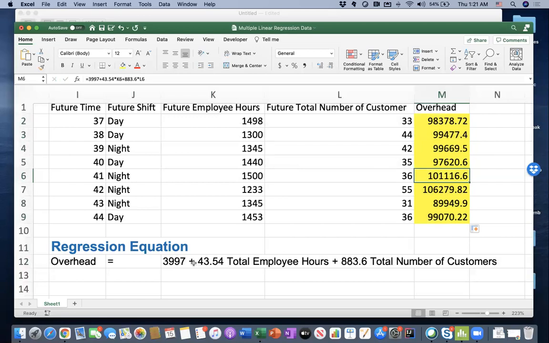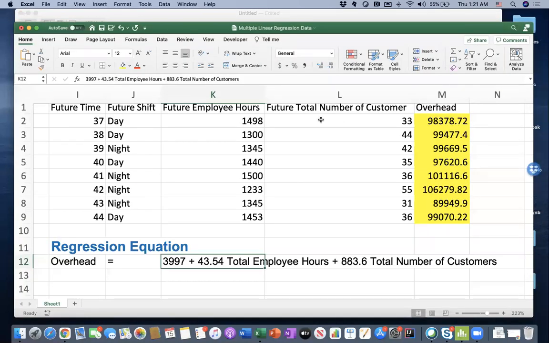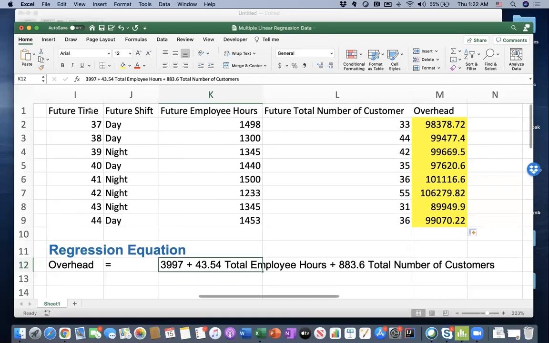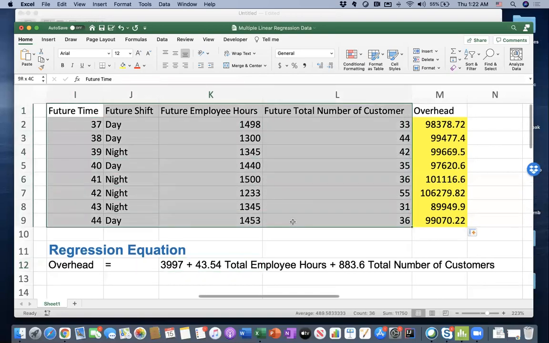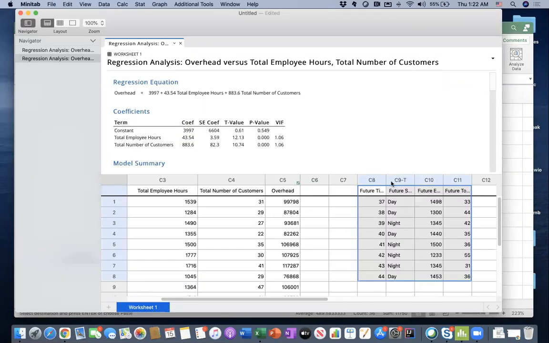So where did I get this equation again? I got it through multiple linear regression. If you were to do this analysis in Minitab, what you need to do is you copy this information, you paste them somewhere on the same worksheet in Minitab, okay?